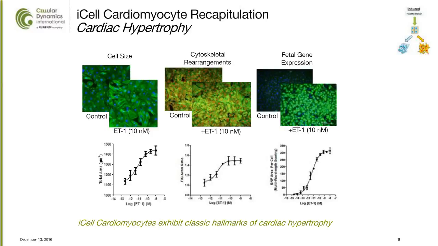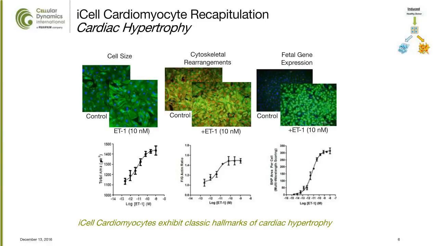So now I'm showing you one of the induced examples. These cells are plated as a monolayer and exposed to endothelin-1 to really bring out that cardiac hypertrophy phenotype. Here I'm showing the cells being stained with alpha-actinin to assess cell size.